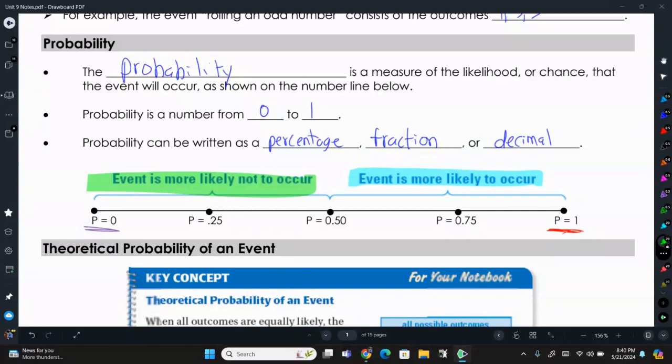The probability of rolling a 1 on a dice, that's not very likely because you have so many other options. And that's why we talk about weather. There's a 30% chance of rain, not very likely, but could happen, or there's a 90% chance of rain. So it's going to be very likely that we're going to get rain.